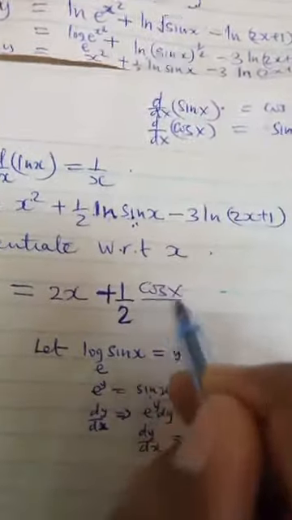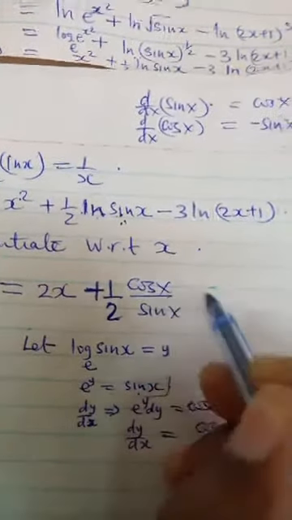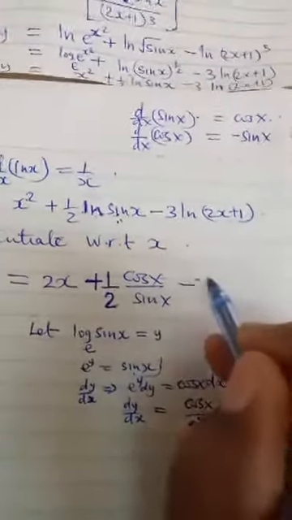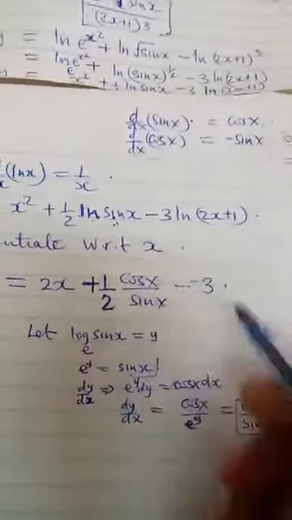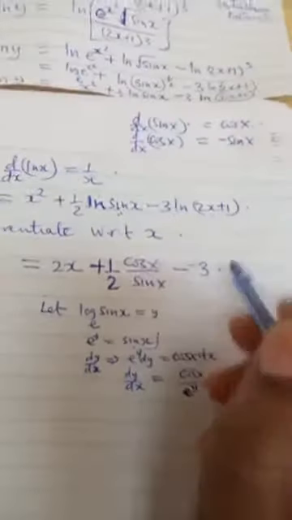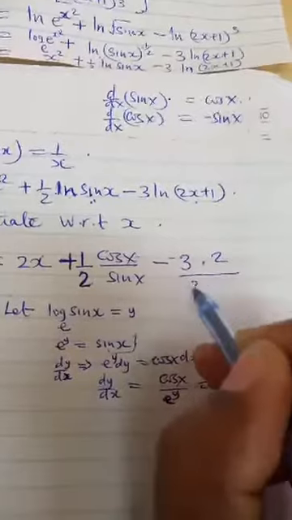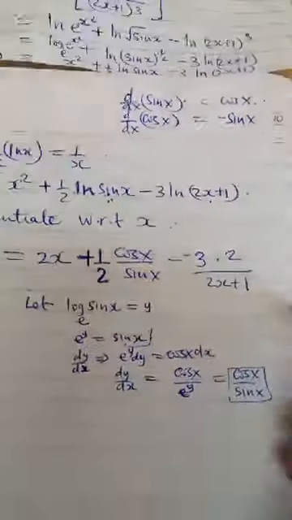So it means here I'll have the cos of x over the sine of x, then minus, this will be 3 times, we said we differentiate the numerator and we divide by what we have. That is what we shall have there.